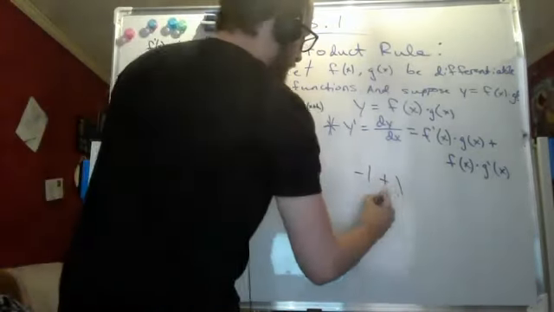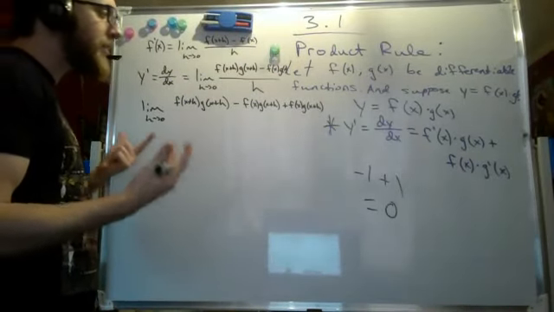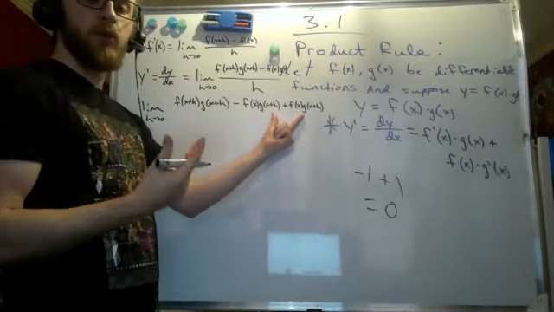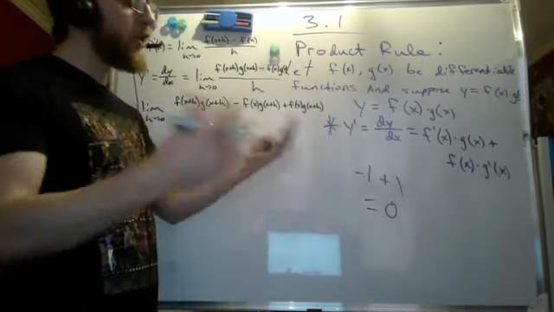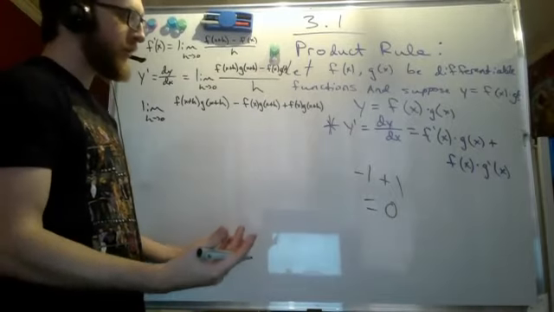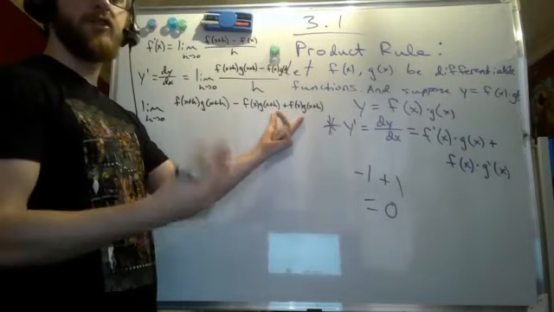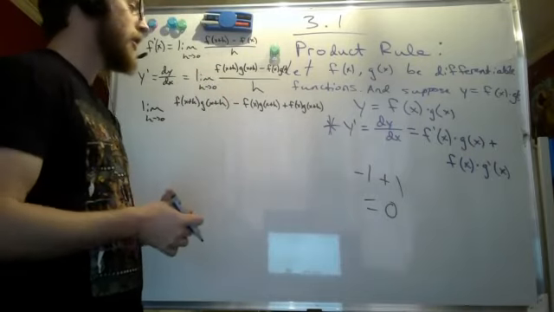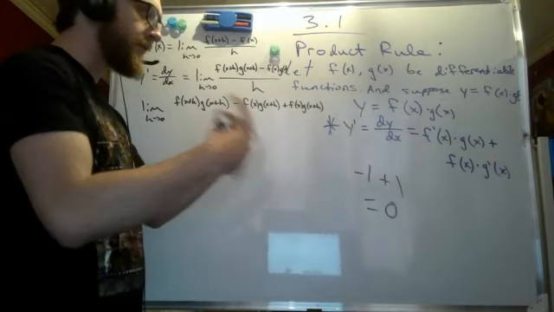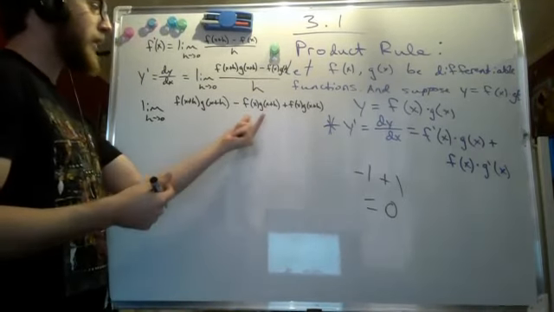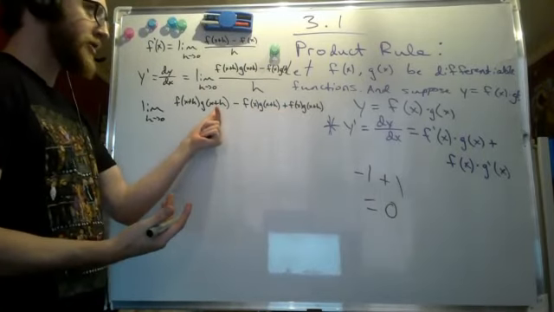Well, that's really just 0. So what have I actually done here? All I've really done is I've just added 0 to my equation. You can add 0 to your equation all day without changing it at all. So that's the trick I'm using here. You could think of it as a fancy 0. As long as I subtract and add the same term in the middle, then I've not really changed the equation, but this allows me to create these extra terms so I can factor out g of x plus h.